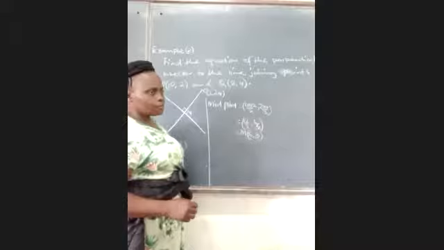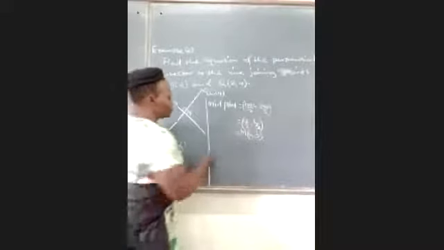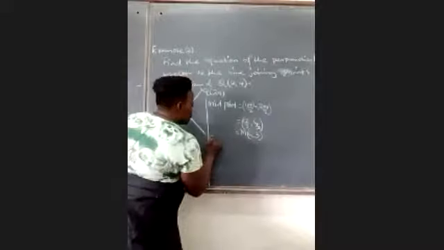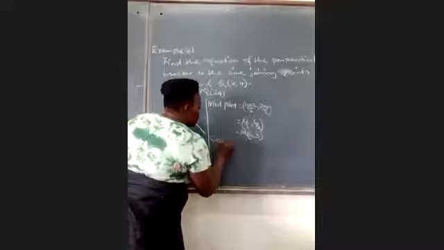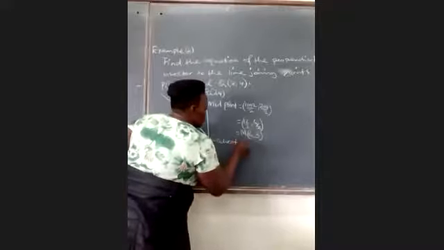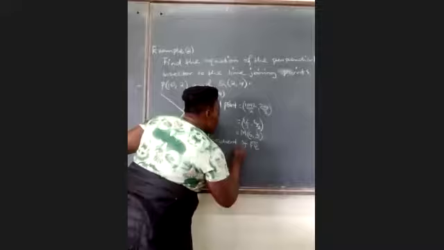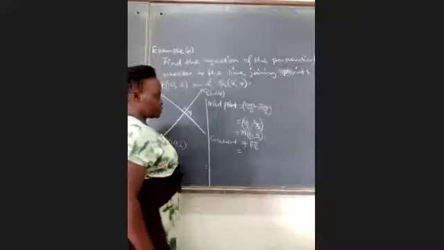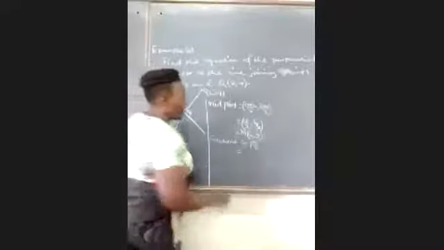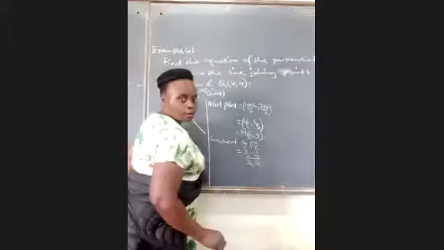We find the gradient of the line PQ. The gradient of PQ would be equal to y2 minus y1 divided by x2 minus x1.